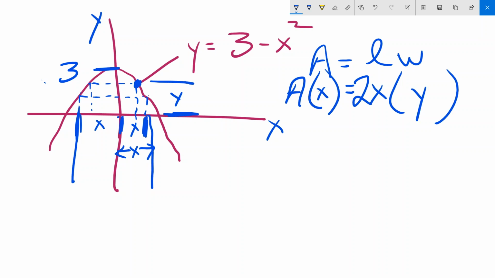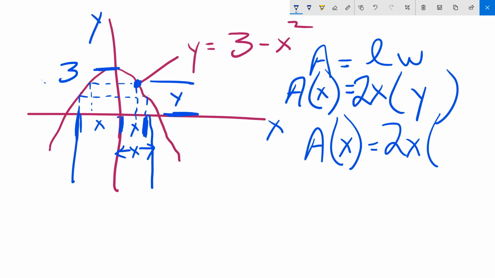So I can say it's y, but the key to all of these optimization problems is the fact that y is a function of x. That's right. So I can do this. What is y equal to? 3 minus x squared. So there's your area function, and it's a function of just one variable, x.